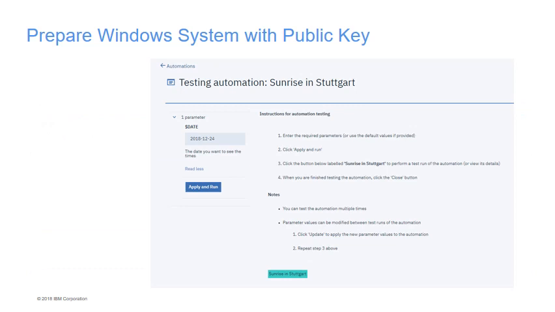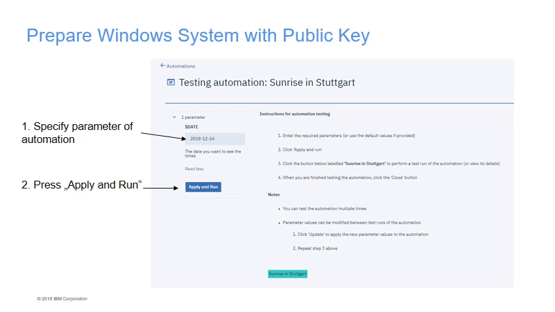This is how the executed automation screen looks. Similar to executing a runbook, you need to specify values for the parameters of an automation. After the specification of the parameter values, press Apply and Run to prepare the creation of a test automation instance with the specific parameter values.